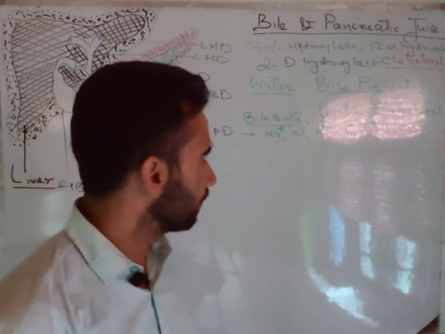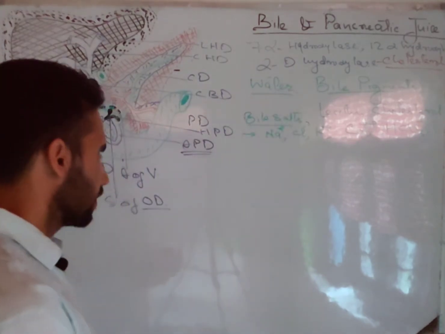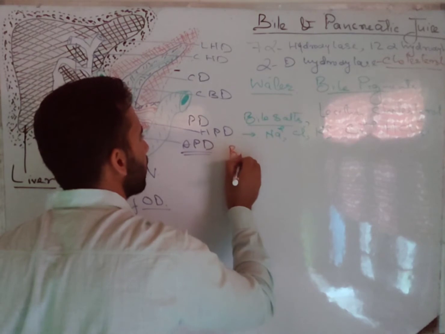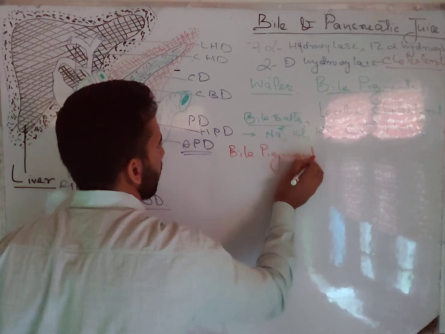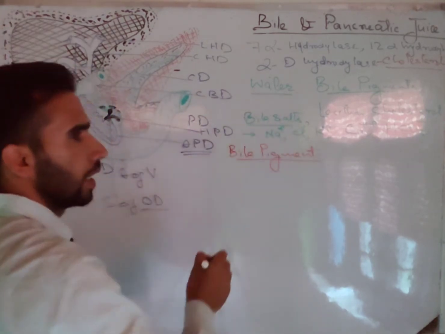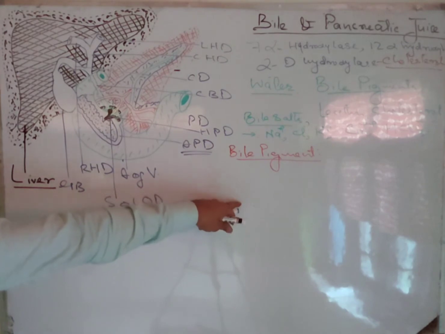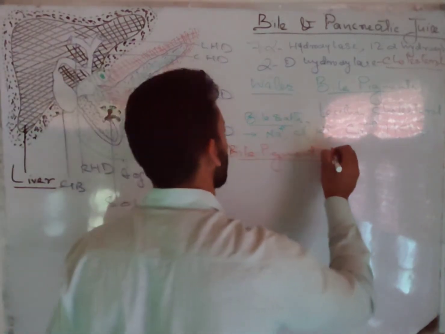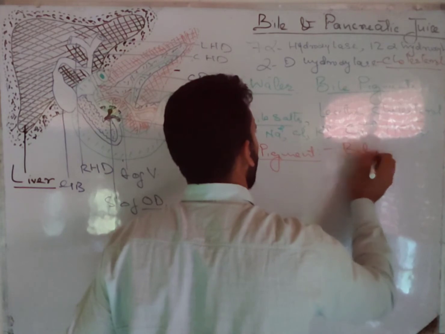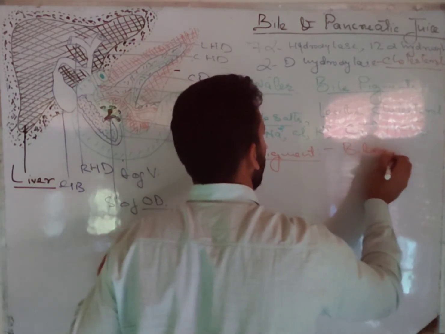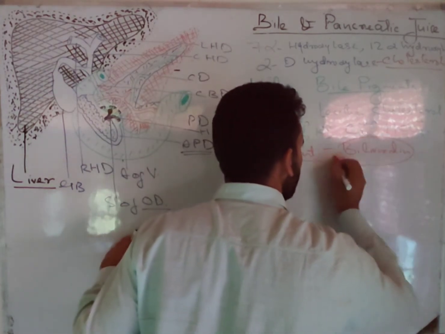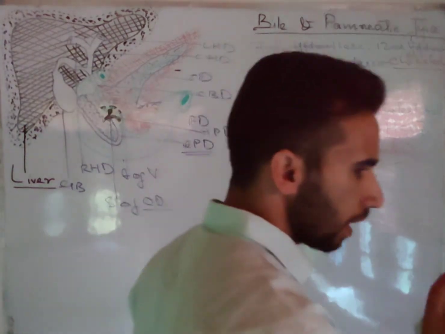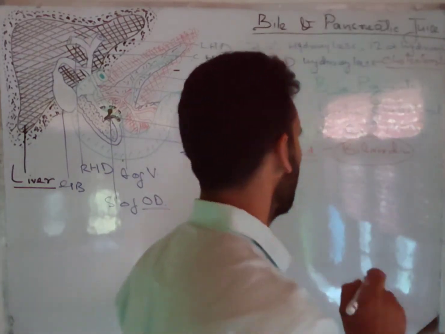And so far as the bile pigments are concerned, let us have a thorough look at them. The important bile pigment which is present in our liver is known as biliverdin. Where this biliverdin comes from, I will let you know. But so far as the color of biliverdin is concerned, it is usually green in color. Remember it.